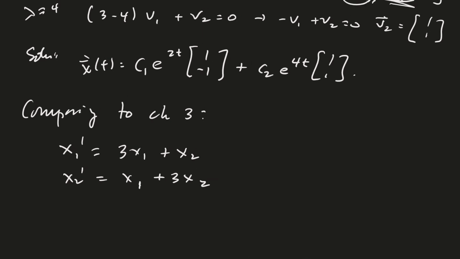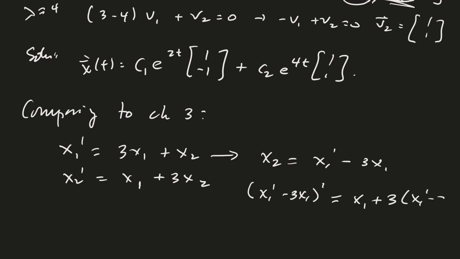Good. Then to make this into a second order differential equation, I solve for x2 in terms of x1. I plug that into the second equation. Oops, that's a single derivative, sorry about that. Equals x1 plus 3 times x1 prime minus 3x1. Good.